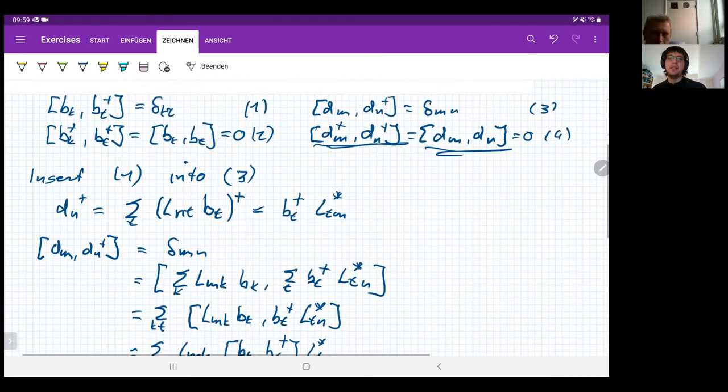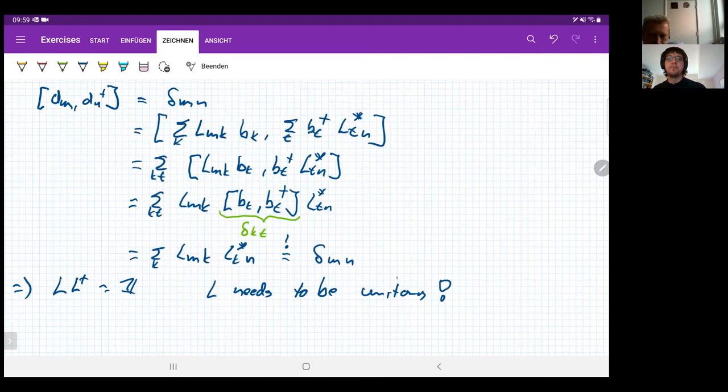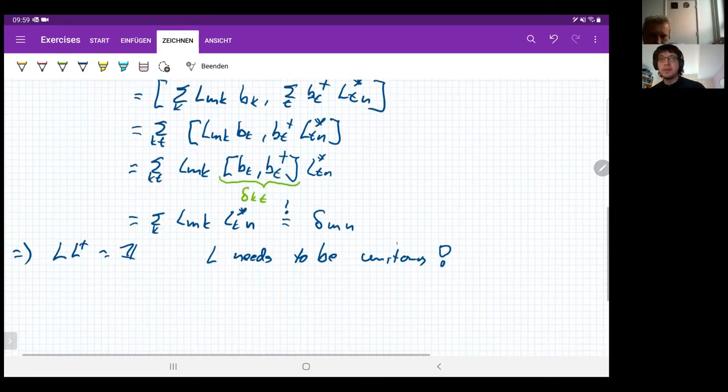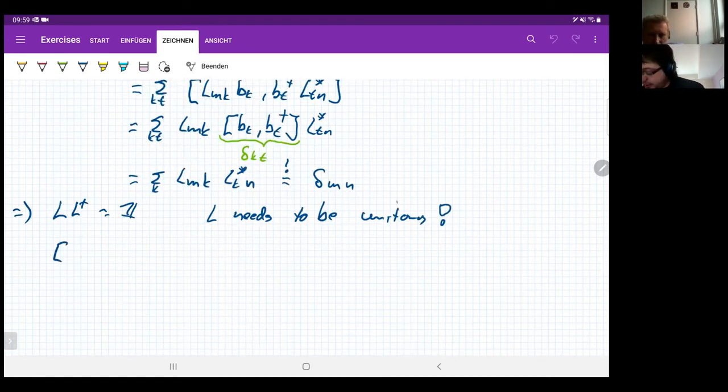And we can immediately see that when we plug this in, when we have d_M dagger, d_N dagger, which needs to be 0, we plug in the sums.